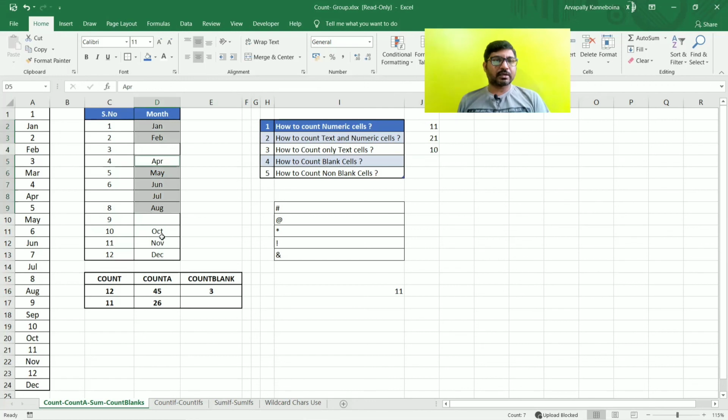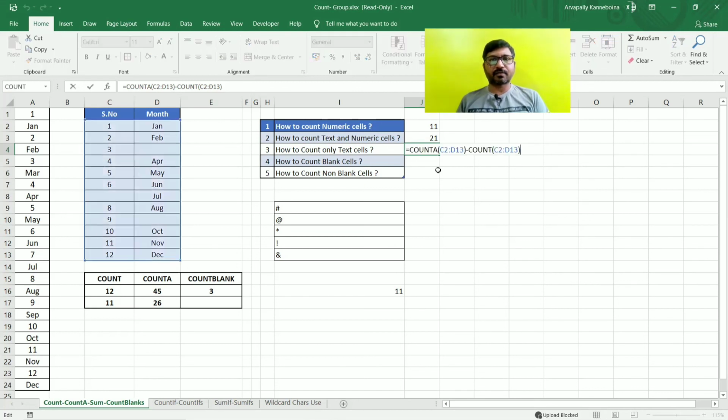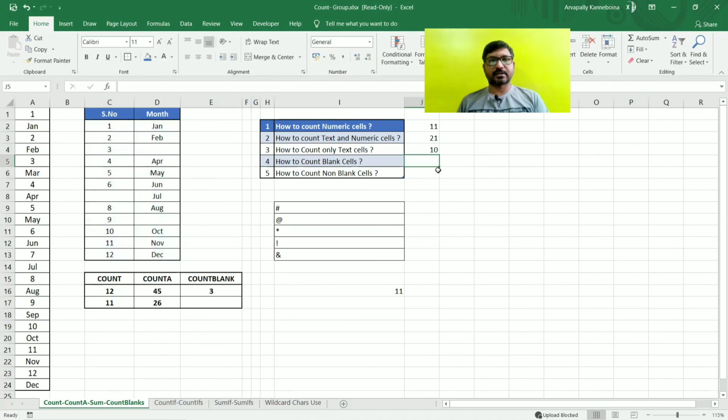These all are text cells. So 10. Finally we got the result. So the combination of count and count A functions will get only the text cells, right? This is the formula to get only text cells.